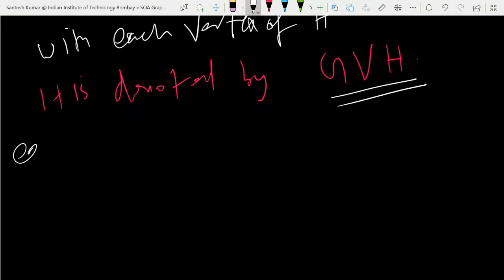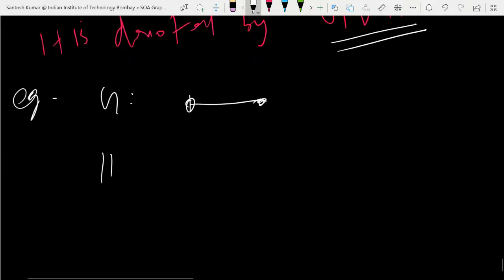For example, suppose G is K2, and H is P3.